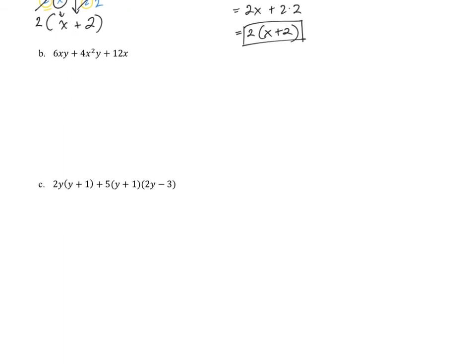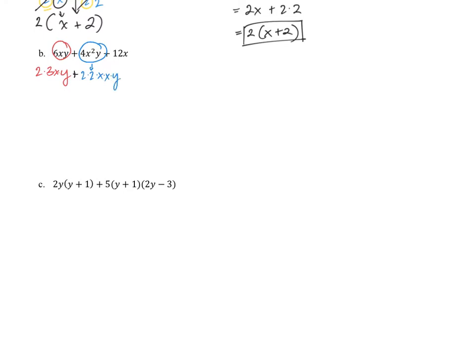Now let's take a look at B. This one has 3 terms, and they're a little more complicated, but the same plan applies: factor, see what they have in common, and take it out. This one factors into 2 times 3 times x times y. The other one factors into 2 times x times y.